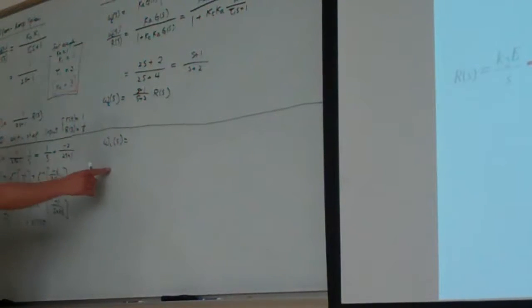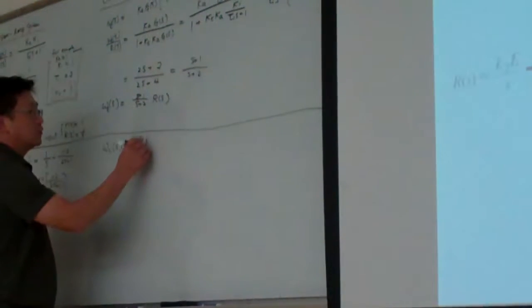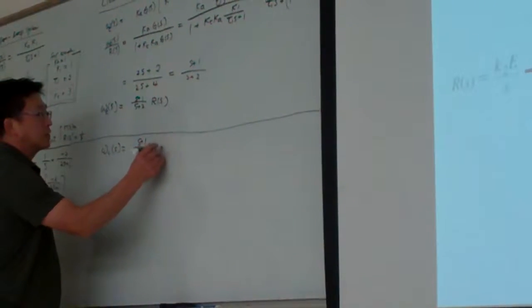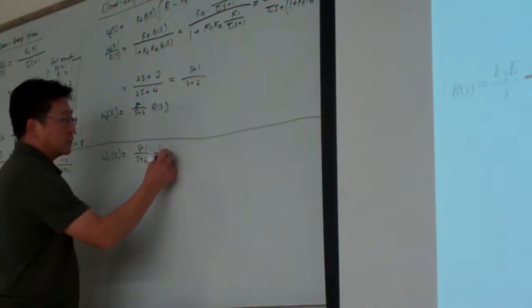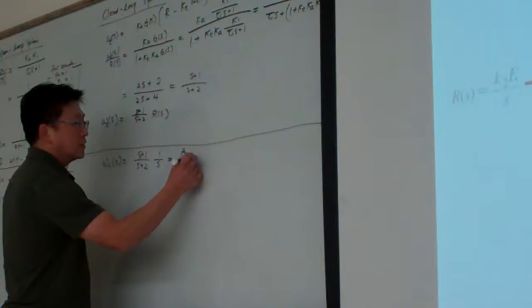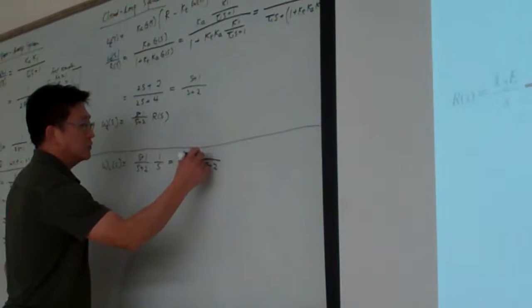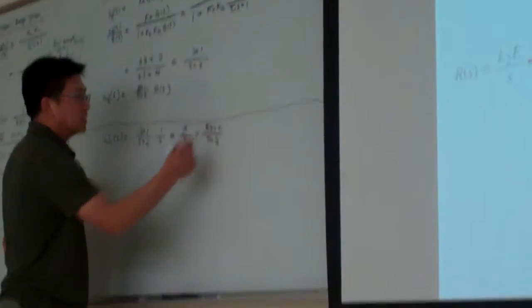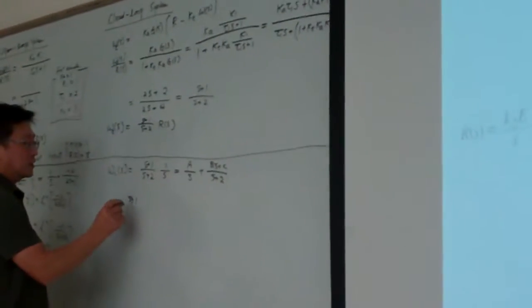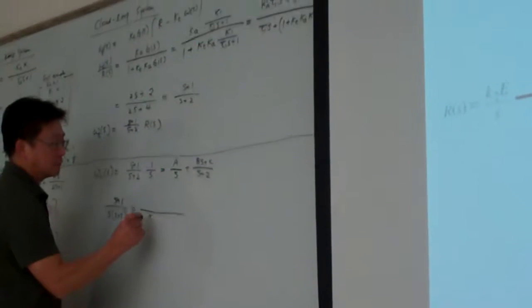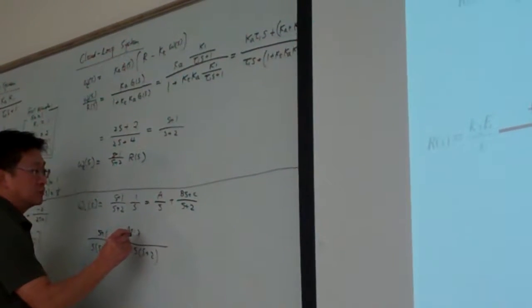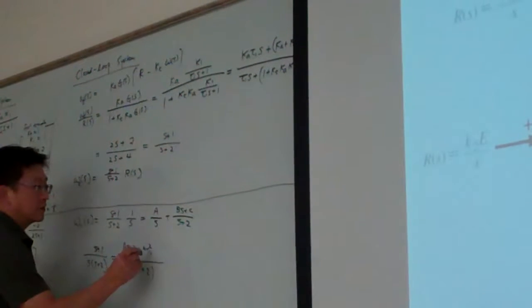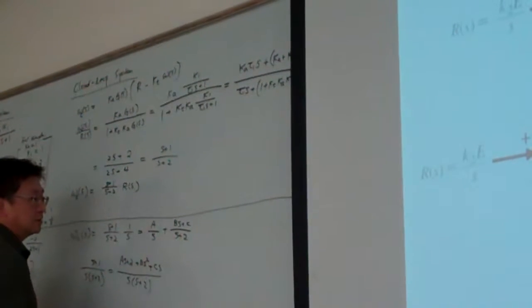So now for this one, that is (s plus 1) over s(s plus 2). And for this one, again, we can factorize as A over s plus B s plus C over (s plus 2). The same thing here, we compare. A(s plus 2) plus Bs squared plus Cs.